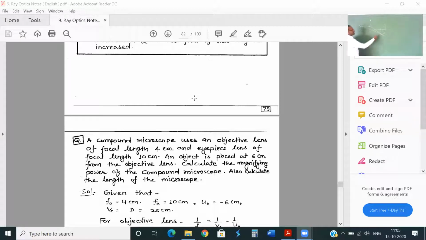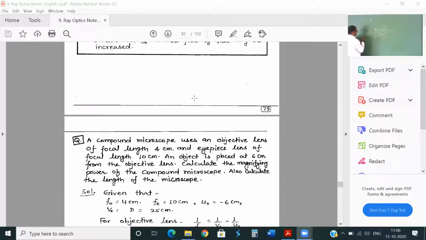And this image can be formed at infinity or it can be formed at the least distance of distinct vision. Now let us imagine that the image has formed at this distance of distinct vision like this. Here image has formed, A double dash, B double dash.